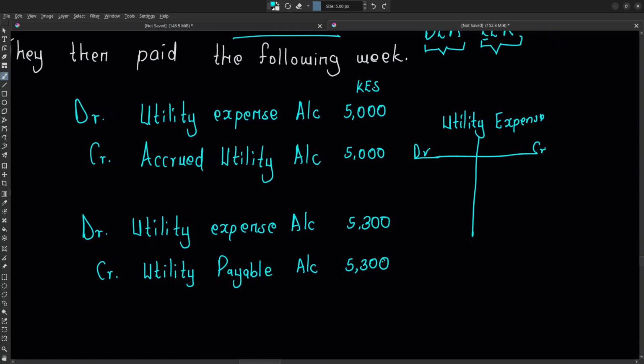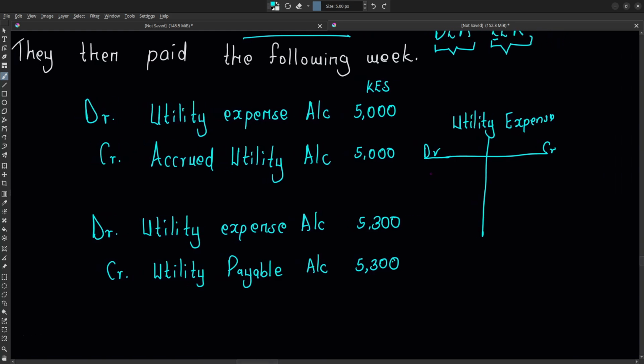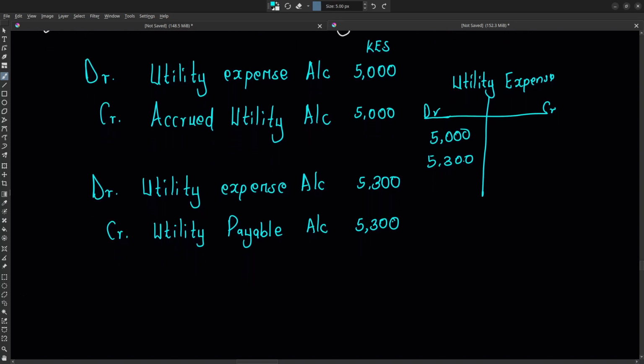Initially we have debited 5,000, and then now we have debited the actual cost of 5,300. If you sum these, you would find that our utility expense is 10,300. Is that correct? No, it is not correct. Why? Because our utility expense is basically 5,300.